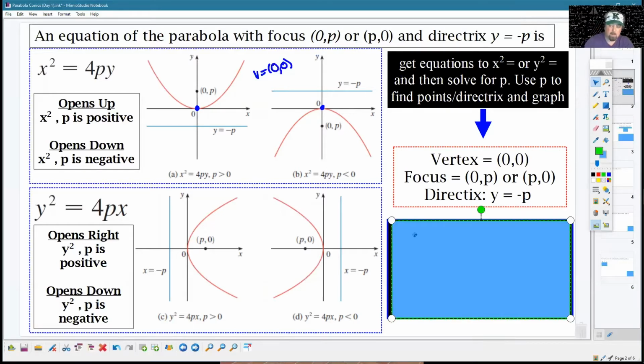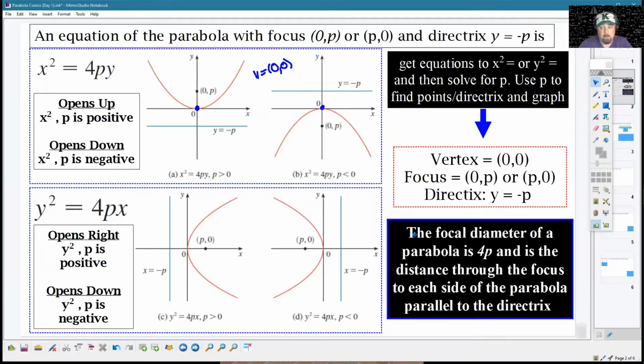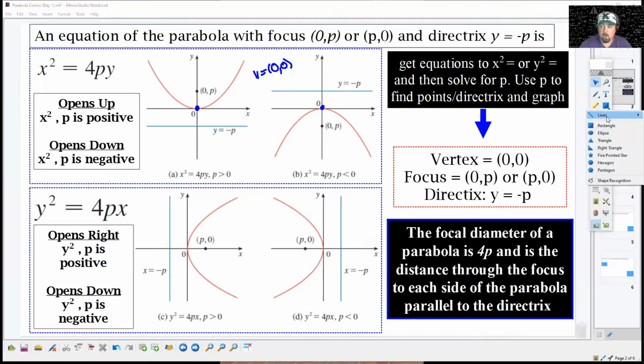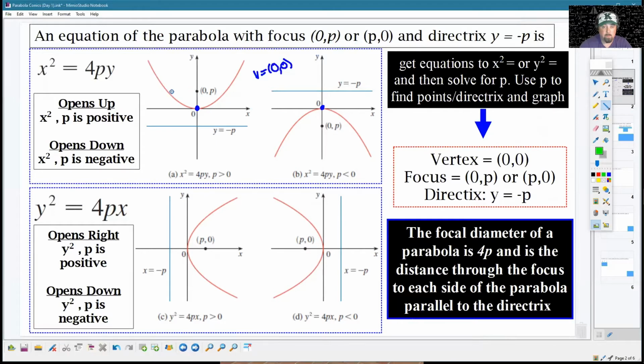One other thing that you might see come up is called focal diameter. The focal diameter of a parabola is 4p, and it's the distance across the parabola through the focus, right here, to either side on the edge of this graph. So I could draw a line here through this space, like that.